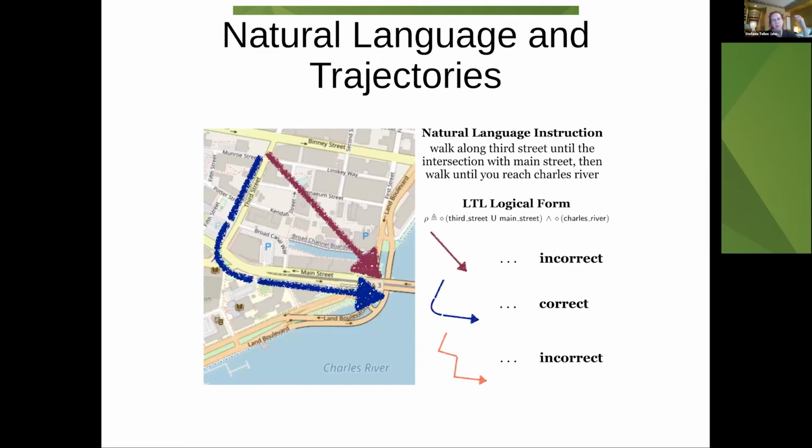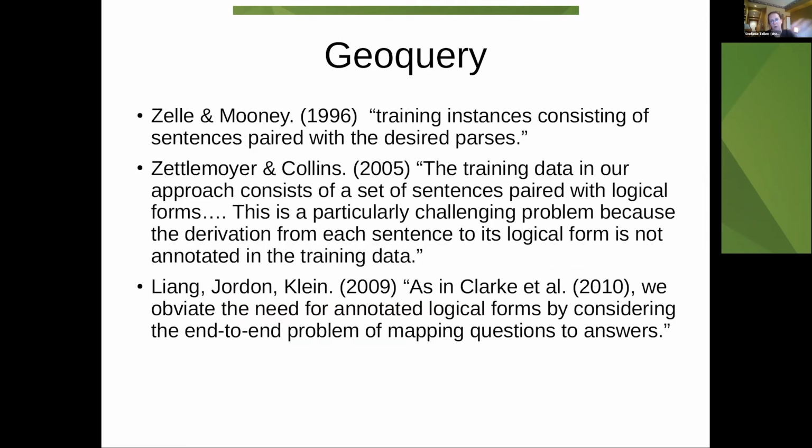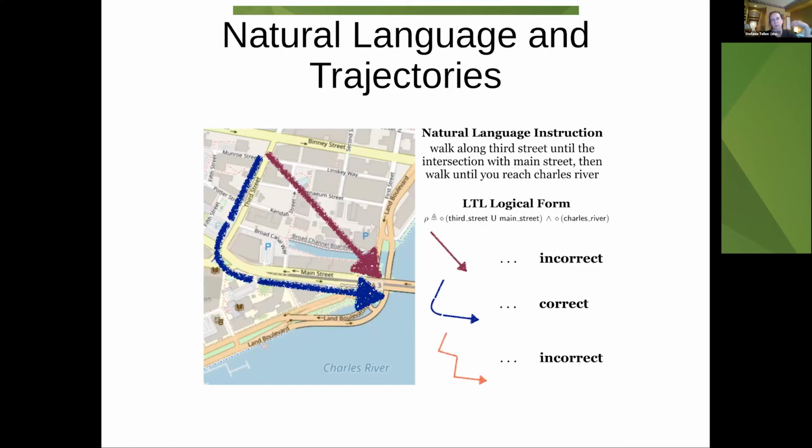So if you compare this to our robotics work, where we're going from English to LTL, we're back at Zettlemoyer and Collins. We're able to go from English to a formal representation, but to do that, we need a data set of English sentences paired with our LTL representations. To go to that next level, where we don't need LTL at training time, we need a more sophisticated model. So we made a model that goes from English sentences to LTL with no LTL needed during the training process.